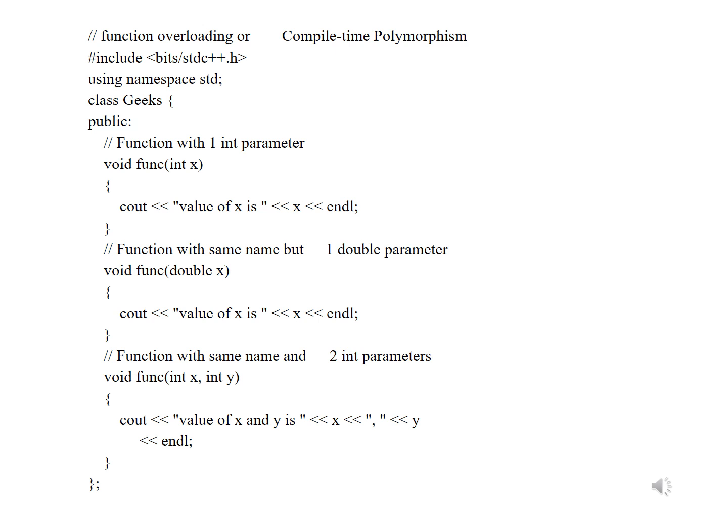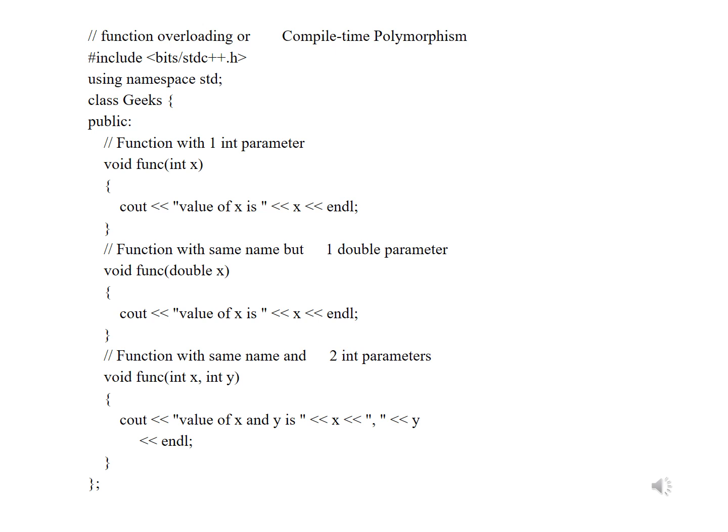Initially, we will write #include <bits/stdc++.h>, using namespace std, class Greek, open the bracket, public: void func, that is the function name, int x, open bracket, cout value of x is x, endl, close bracket. This is the first function, which is accepting one parameter as an integer type.